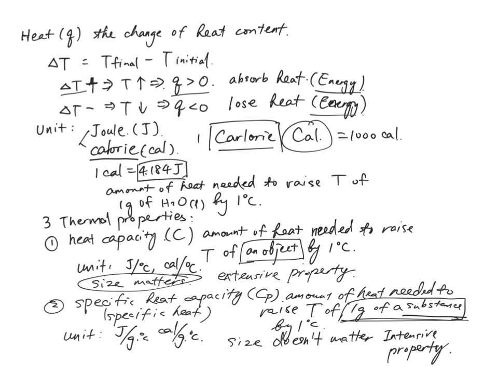Okay, and the third thermal property we could be using in this part of Chem 115 material is called molar heat capacity. We use capital C sub M to represent it.